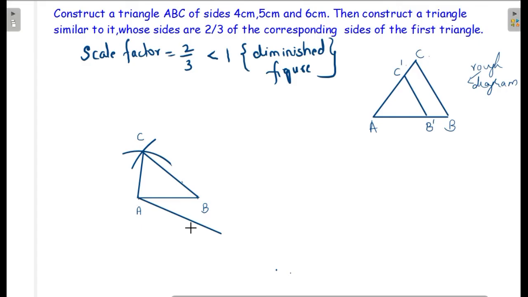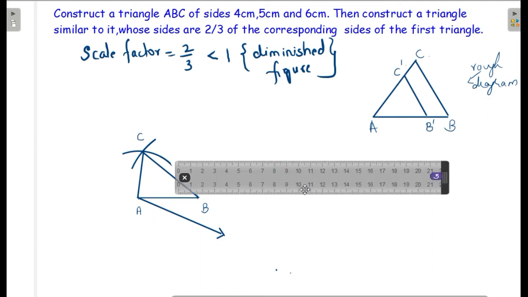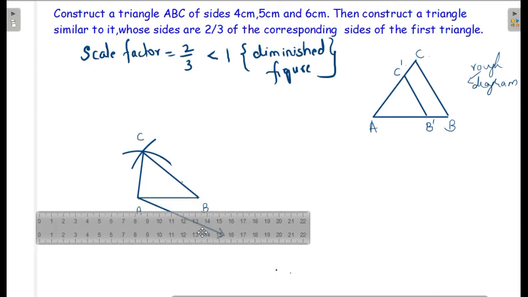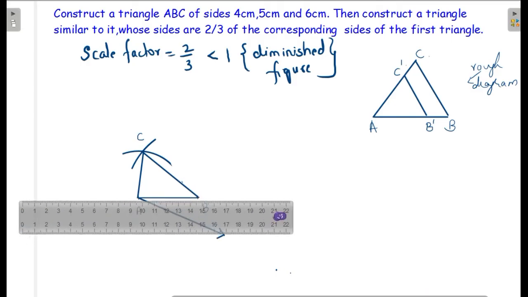Now we have to mark equidistant points on this. How many equidistant points do we have to mark? Just look at the maximum number both in numerator and denominator. Which one is the maximum number? 3 is the maximum number. So, we have to mark 3 equal measurements on this.